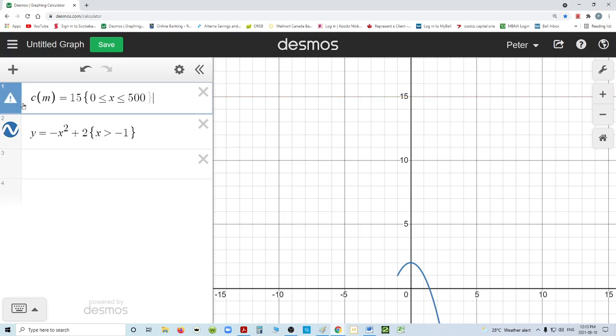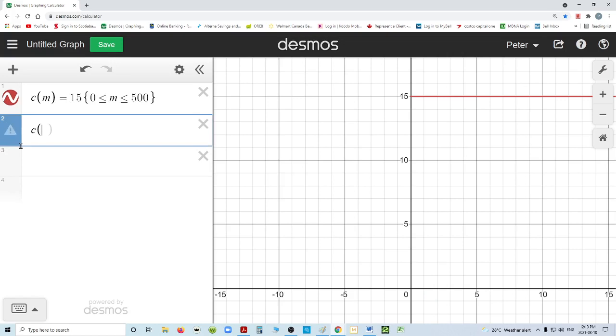It wouldn't be x, it would be m. And then after that, my C of m is going to be the original $15 plus 0.02, that's 2 cents, times the minutes, for every minute bigger than 500.